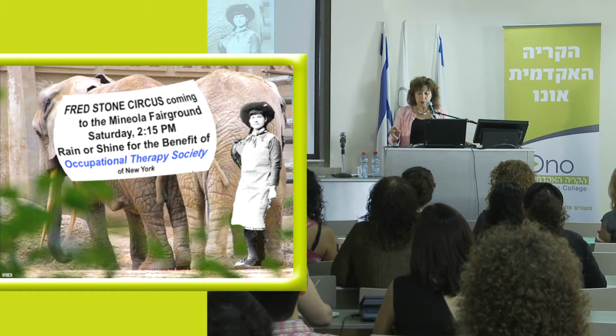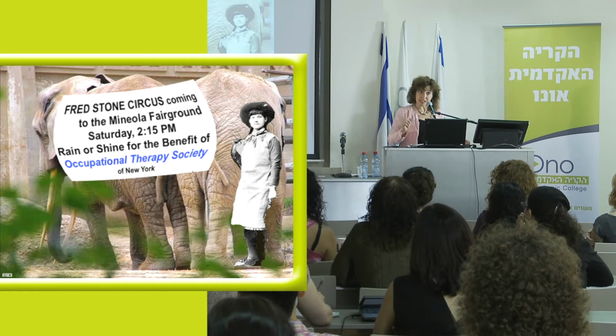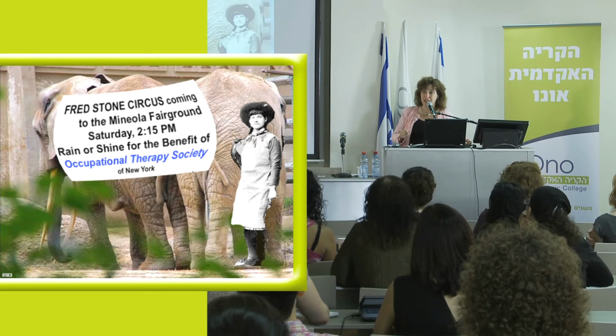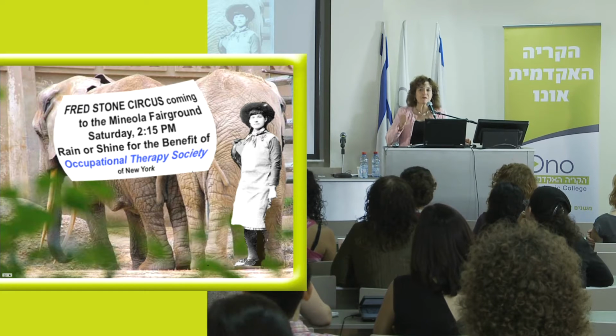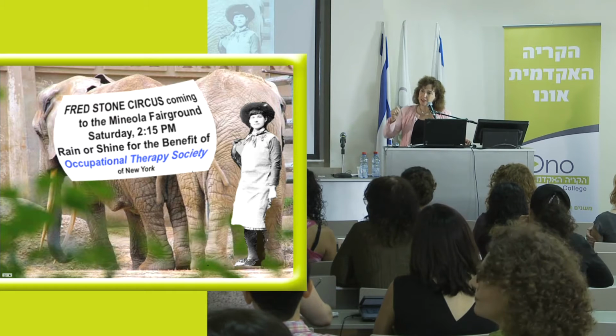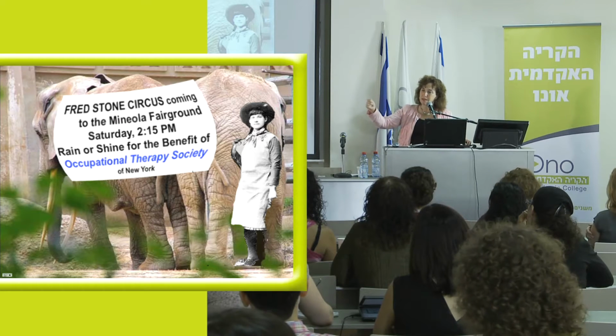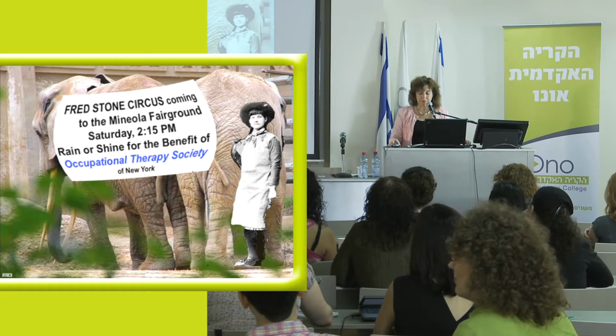If you put a sign on the back of the elephant, and a very famous American heroine of that time, this is 1922, this is Annie Oakley. Did anybody ever hear of Annie Oakley? She's a sharpshooter. In the US, she's very cool. She's cool even now. And she takes the elephant and walks it into Mineola, New York. That's called promotion.